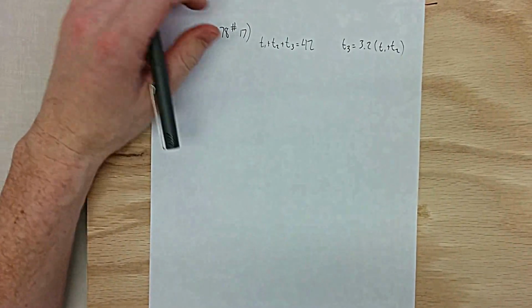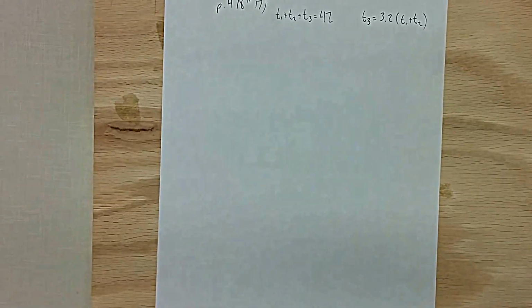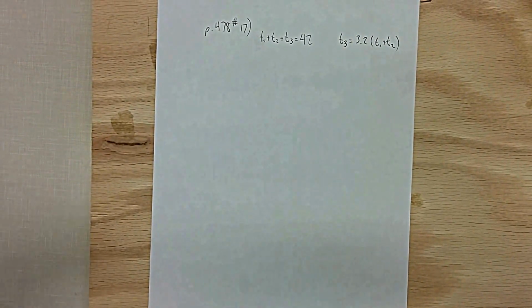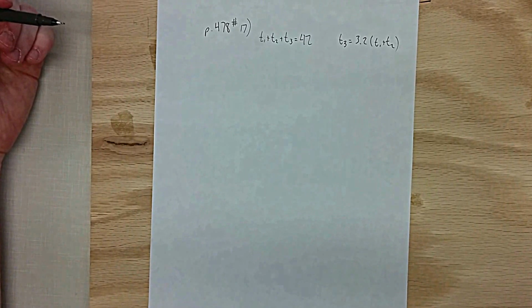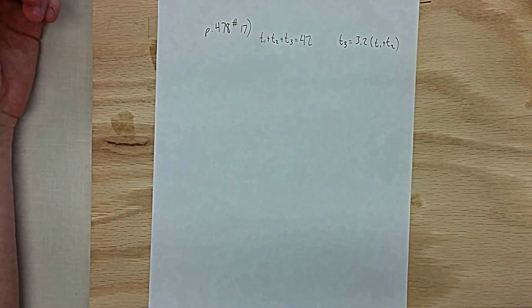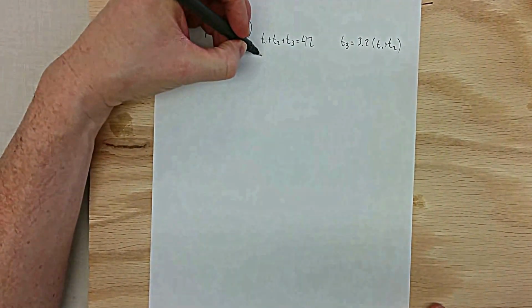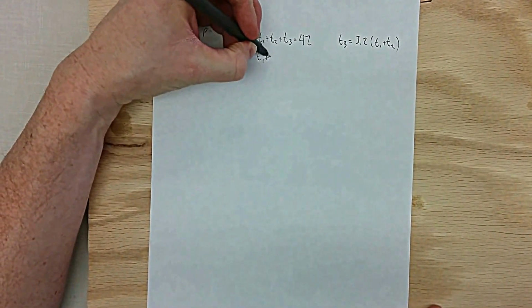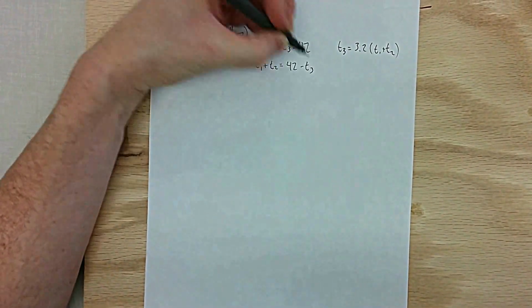So I worked this one out already, and I have a way of doing it. Hopefully this way isn't too confusing or too roundabout. I'm sure there's 10 different ways of getting through this problem, but I'm going to start with an interesting little substitution. So I'm going to say t1 plus t2 equals 42 minus t3.